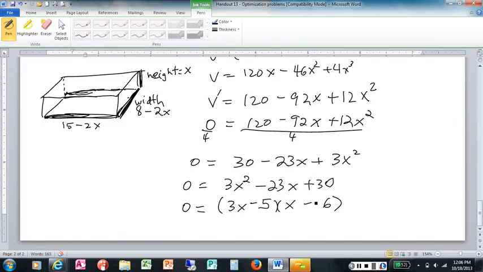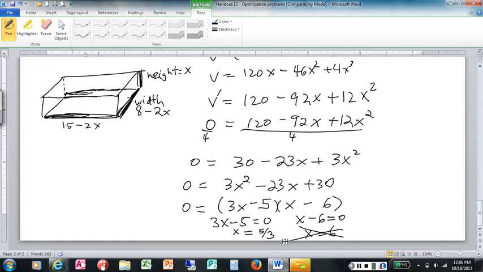All right, so if I set those individually to 0, what do I get? This would say x is 5/3. And x minus 6 equals 0, so that would say x is 6. So maybe I have two answers here. Not really. Okay, here's why. If I set x to be 6, x to be 6 will not work.